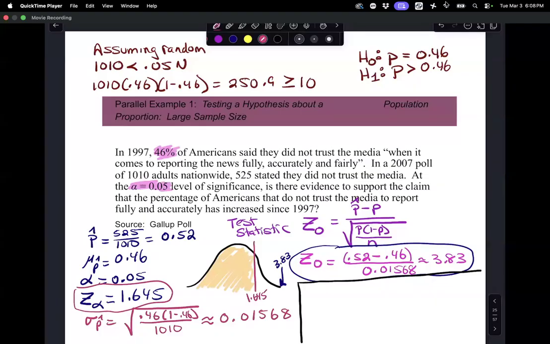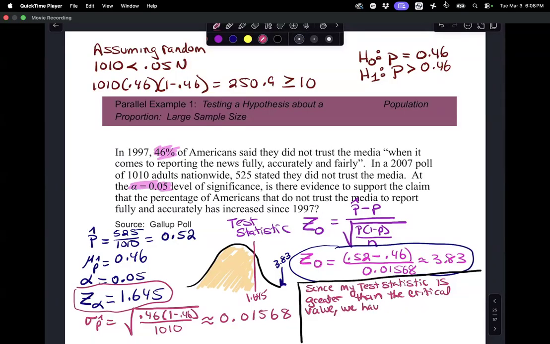So you would say, since my test statistic is greater than the critical value, we have sufficient evidence.